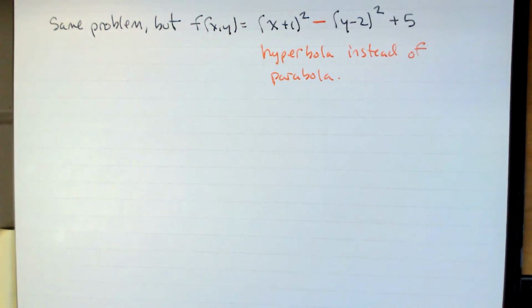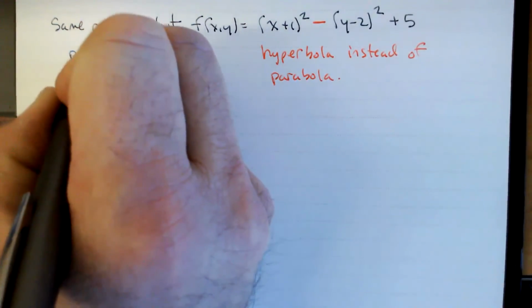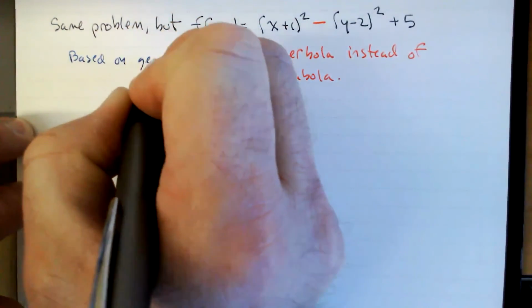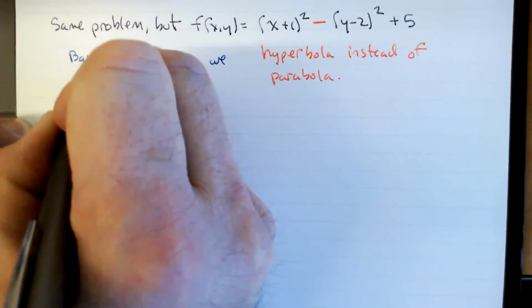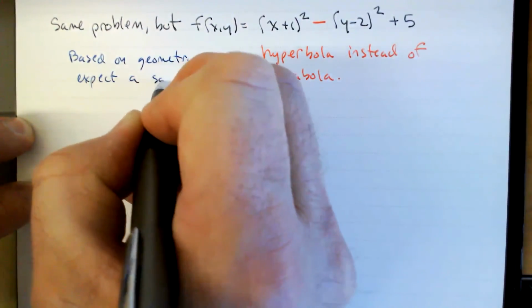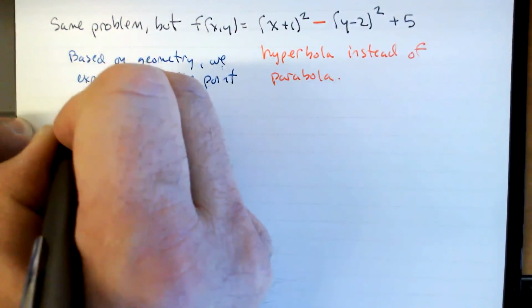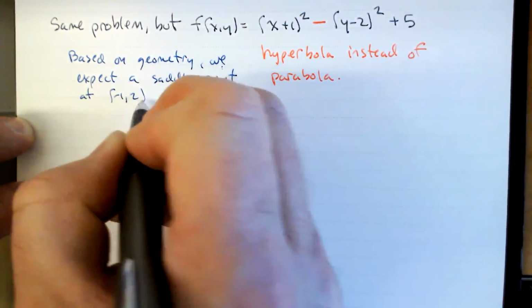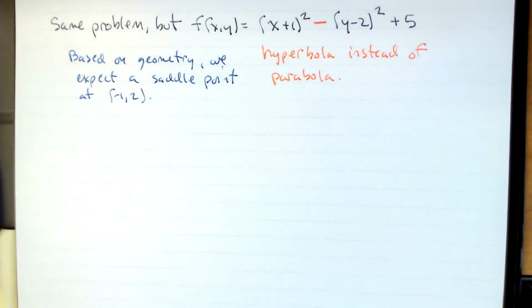The important thing is, at this point in the middle, at -1, 2, we're going to see down in one direction and up in the other direction, creating a saddle or a Pringle. So we expect, just based on the geometry, to see a saddle point at -1, 2. Let's see if our calculations agree with that.